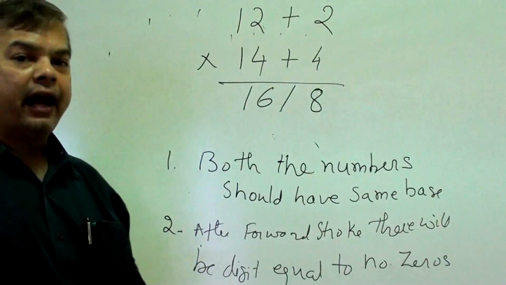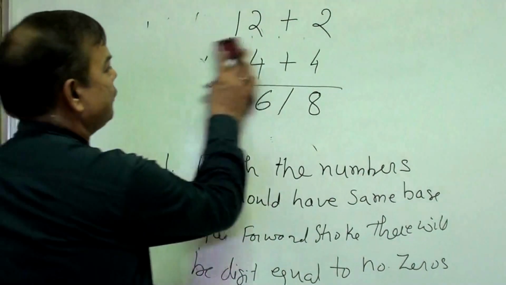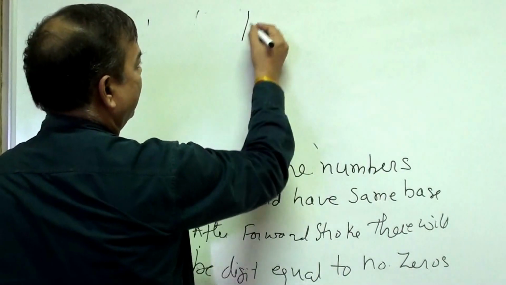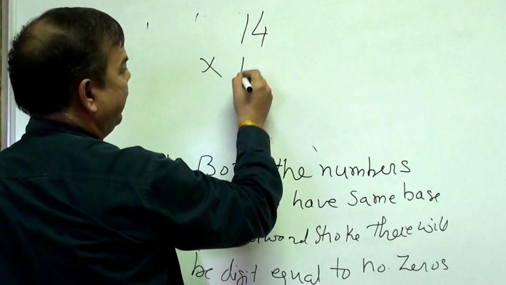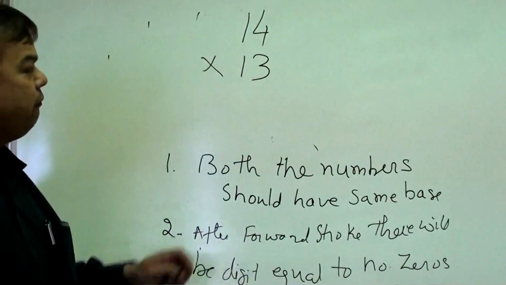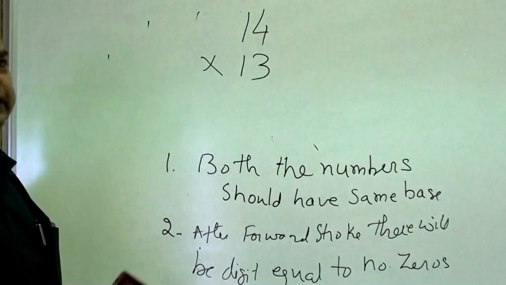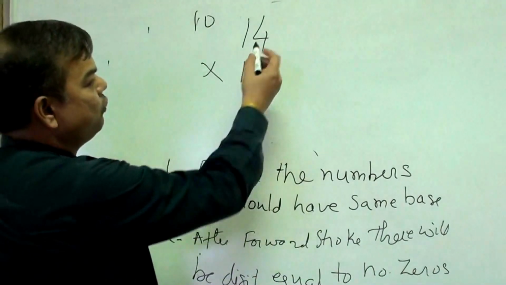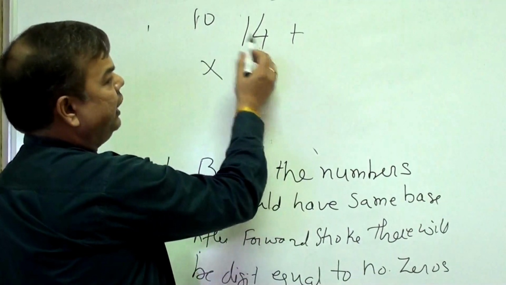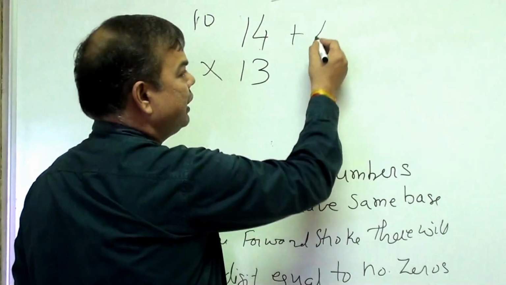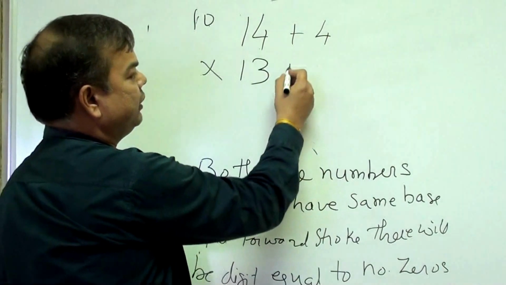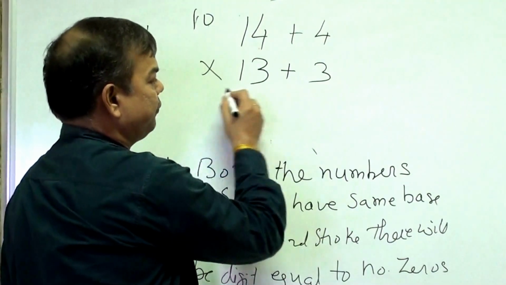Now let's take another example. 14 multiplied by 13. Now we can see that both the numbers are close to base 10. So what we will do, we will write 14 is 4 more than 10, so we will write 14 plus 4. Similarly 13 is 3 more than 10, so we will write 13 plus 3.